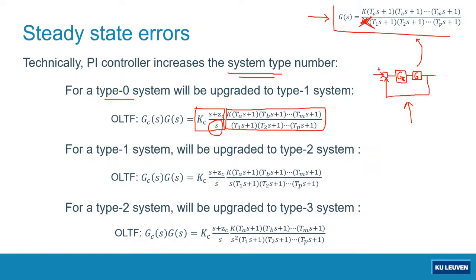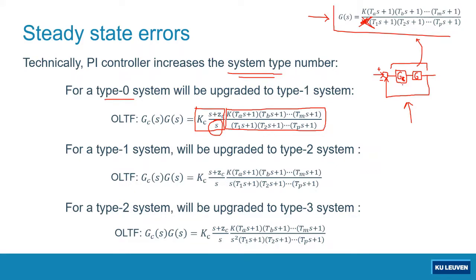So by introducing a PI controller, I will upgrade my type 0 system to type 1 system, because I will add one additional integrator in my open loop transfer function, right?